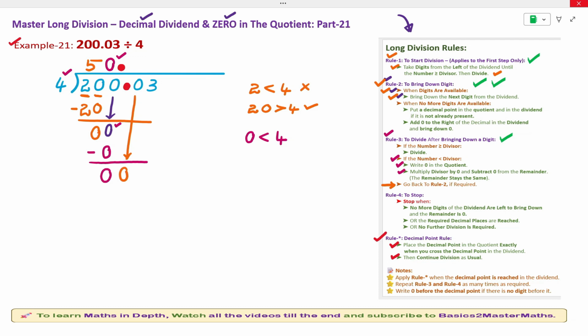Let us apply rule 3 again. Now, the number becomes 0, which is less than the divisor 4.